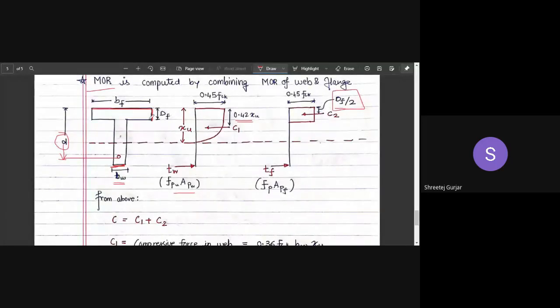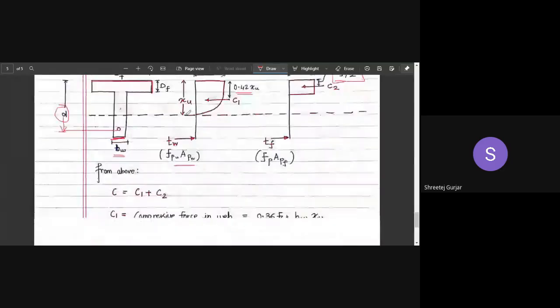Depth of flange is DF, half of it is DF by 2, so C2 is acting at DF by 2. You have to remember 0.42 XU. Very important.